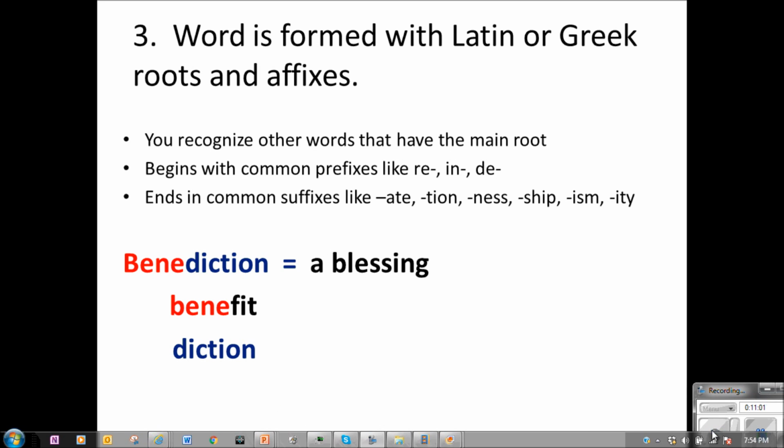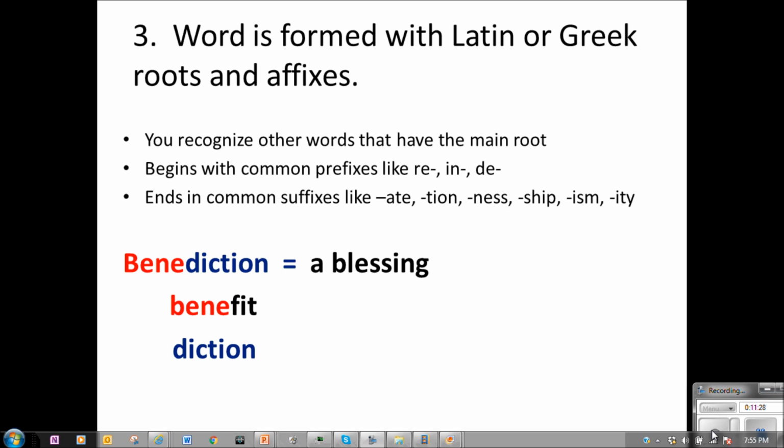That third criteria is that the word is made with Greek or Latin roots and affixes, or that's a word for prefixes and suffixes together. You might know the word lunar is related to the word moon, because you know in Spanish or French that the word for moon is luna or lune. And so lunar means of or relating to the moon.